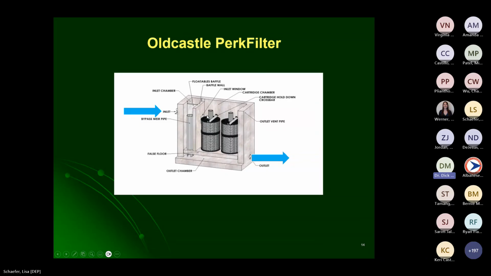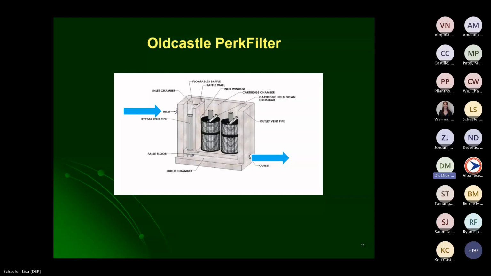In this case, you see 2 cartridges. The fluid then flows into the cartridges and up to the top, or it may go down the top. I think it goes under drain this way here because that's where it goes out, and then it goes out the other side.